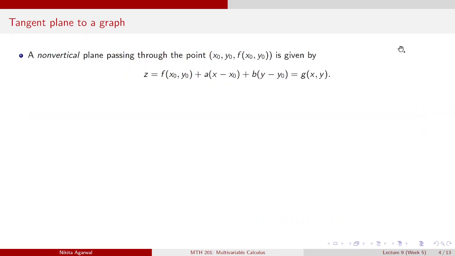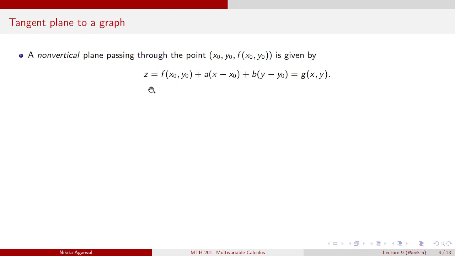Okay. So now let us take the equation of the plane at the point x naught, y naught, f of x naught, y naught to be like this: z equal to f of x naught, y naught plus a times x minus x naught plus b times y minus y naught. Now you will wonder how we get this equation.